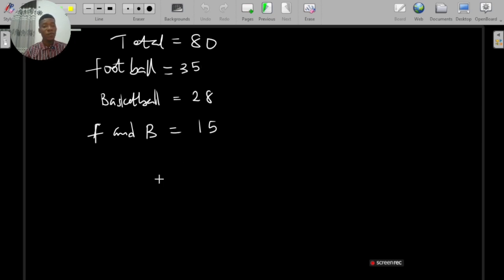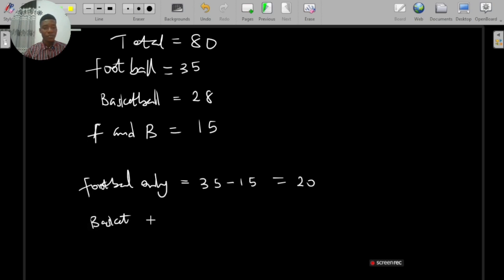So football only equals 35 minus 15, and that will give us 20. The basketball only equals 28 mentioned earlier minus 15 intruders, which will give you 13.